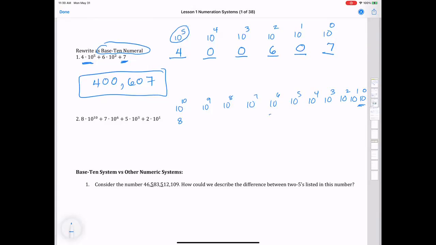We have 7 here. We have 5 here. And we have 2 here. So that means all the others are zeros. So therefore, our base 10 numeral will be 8000700520.